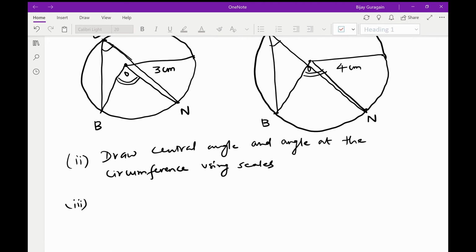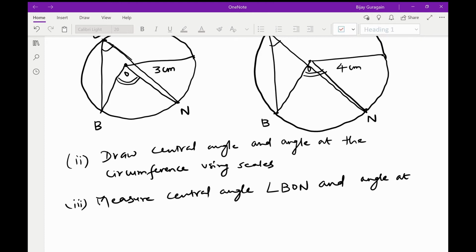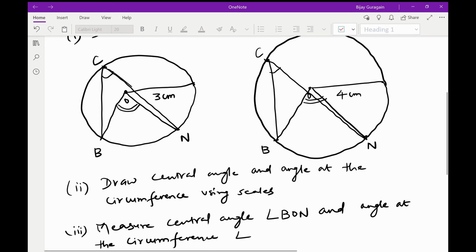Our third step is measure angles. Measure central angle, angle BON, and angle at the circumference, that is angle BCN, using protractor.